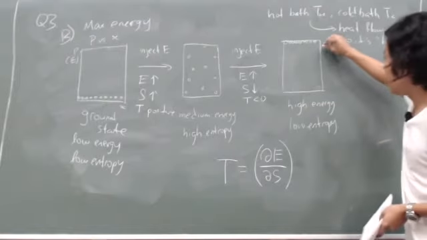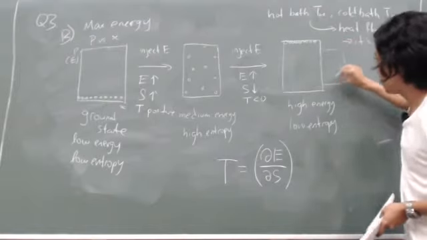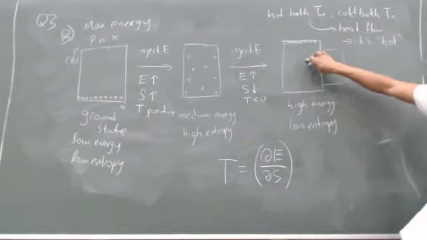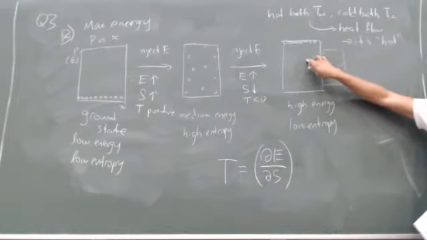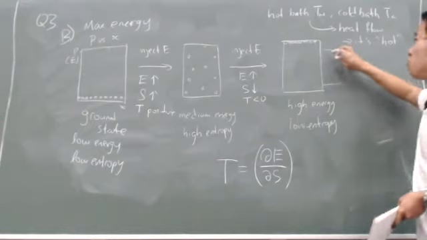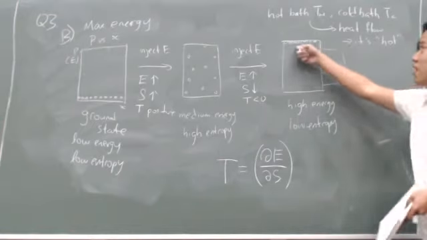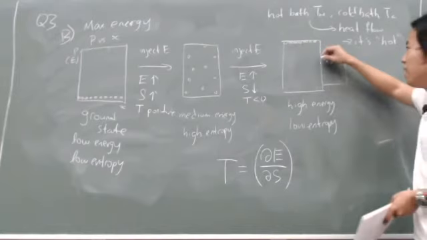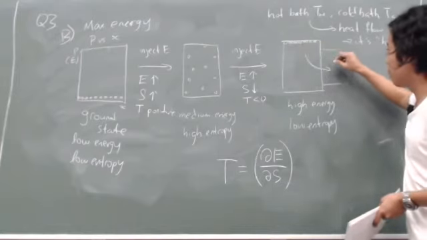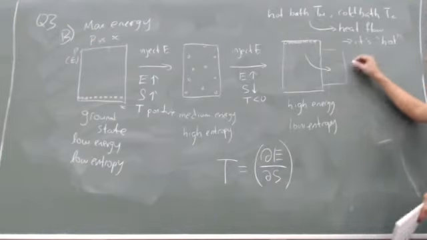So now consider if I attach a bath to this high energy bounded phase space system, then assuming that this is not the same energy as this one, most likely, since this is the highest possible energy state, heat, or energy, is going to flow into the attached bath.